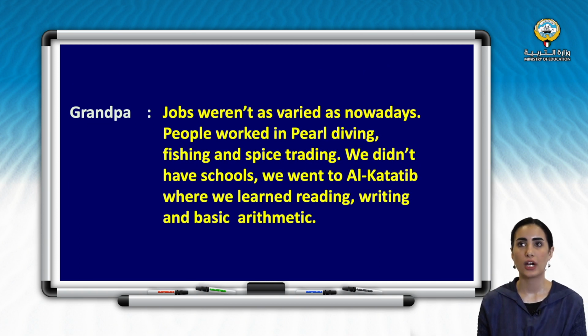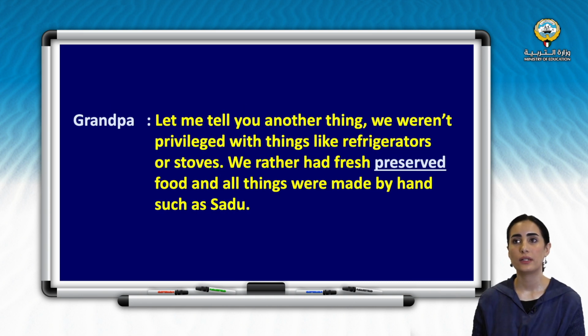Grandpa: Jobs weren't as varied as nowadays. People worked in pearl diving, fishing, and spice trading. We didn't have schools. We went to Al-Katatib, where we learned reading, writing, and basic arithmetic. Let me tell you another thing. We weren't privileged with things like refrigerators or stoves.